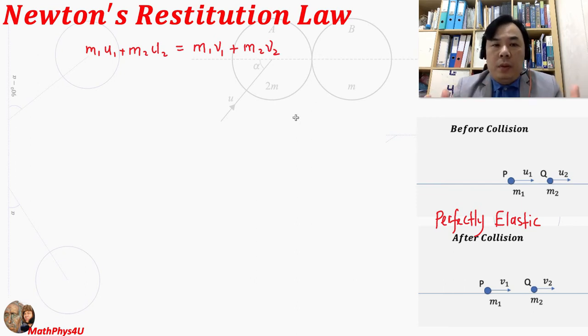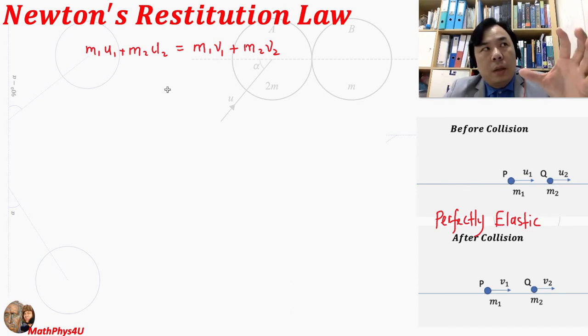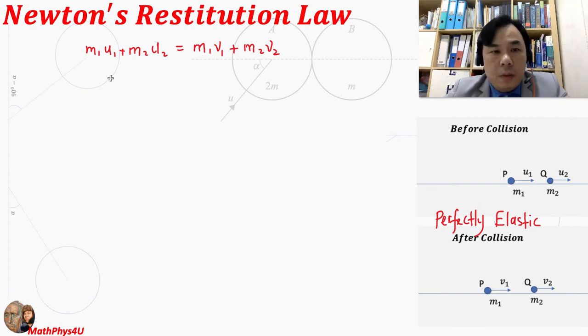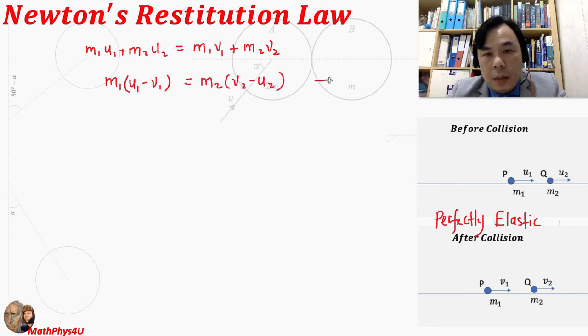Before we proceed further, I'm going to rearrange these equations so that I can collect like terms with respect to their masses. Therefore, I would have something like this: m1(u1 minus v1), and then m2(u2 minus v2). Now I'll label this as my first equation here.